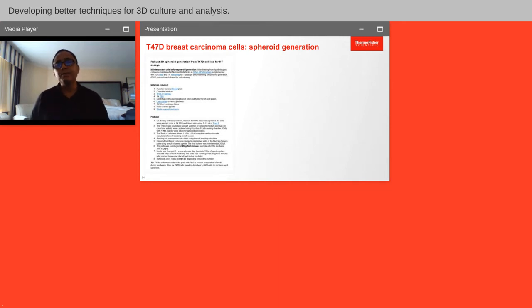A nice detailed protocol on cell harvesting, how to plate them, putting them into the Nunclon Sphera plates, and also tips and tricks on recommended cell densities and development times, which are catered to each cell type. So each of these protocols will have different parameters based on the cell type that's being analyzed.